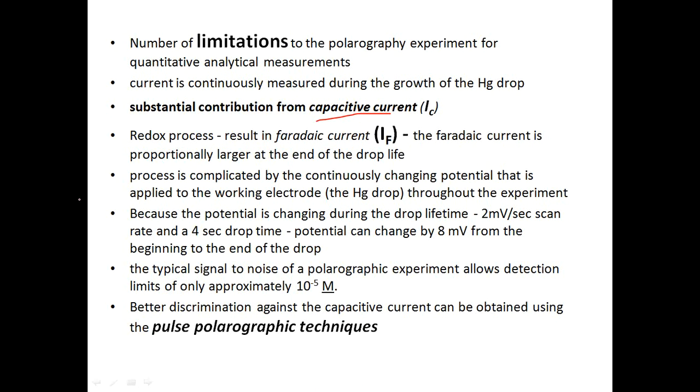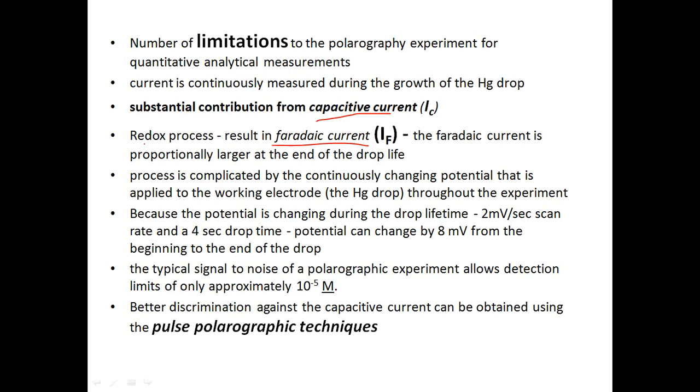The other current that we are basically interested in is the Faraday current, which is the current measured during the redox process, where the electroactive species is undergoing reduction at the electrode surface. The Faraday current is proportionally larger, and it is majorly measured at the end of the mercury drop's life.